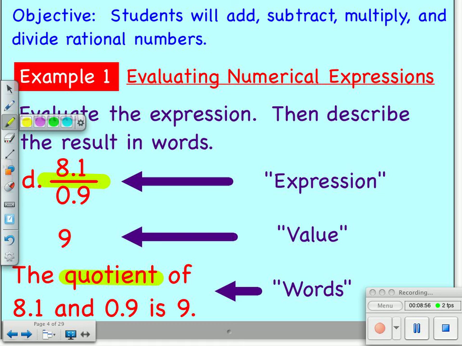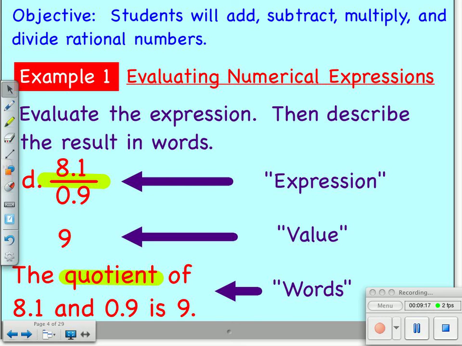So just to review with you quickly, this vocabulary that's very important for you to remember is, we use the word sum when we're talking about addition. We use the word difference when we're talking about subtraction. We use the word product when we're talking about multiplication. And we use the word quotient when we're talking about division.